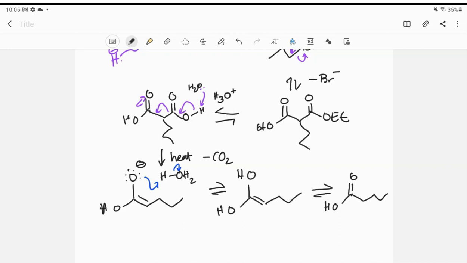All right, so you can use this as a means of adding 2 more carbons to a molecule. We know a couple of ways to add 1 carbon, right? That would be using cyanide. Then you can hydrolyze it, do whatever you need to do to mess with it.